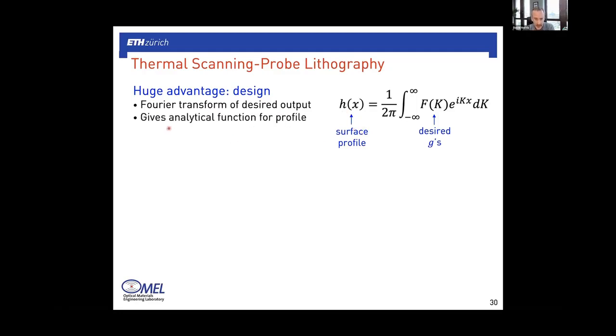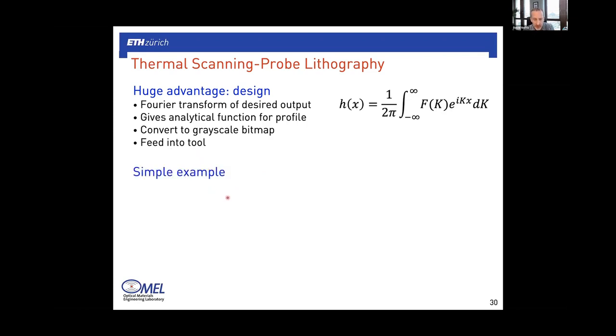And we can then take this analytical function for our profile and convert it to a grayscale bitmap, where each pixel in the bitmap in X and Y on the surface will tell the tip what height we want for that particular pixel. And this bitmap is then fed into the tool.